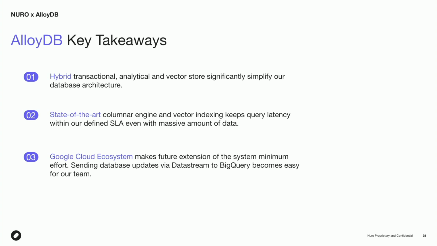They really like the columnar engine capabilities and vector indexing, and they provide a lot of feedback to us. We work very closely with them, and we enhanced our service for them. And overall, with the Google Cloud ecosystem, with AlloyDB, Datastream, and BigQuery, they are running their business more effectively on Google Cloud, right?